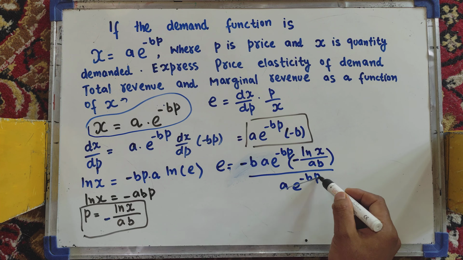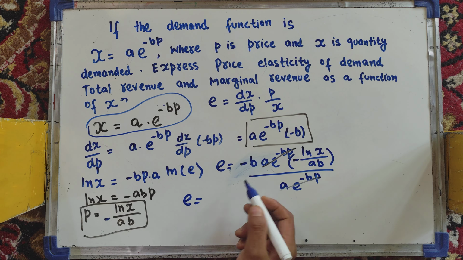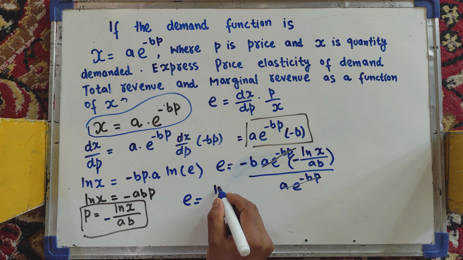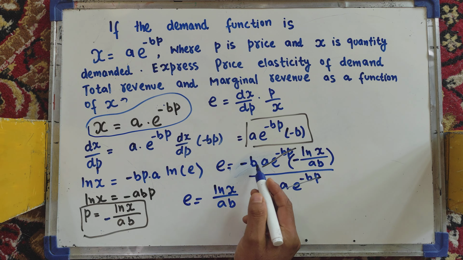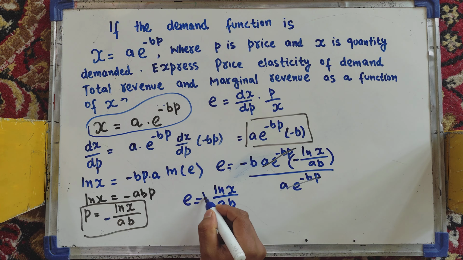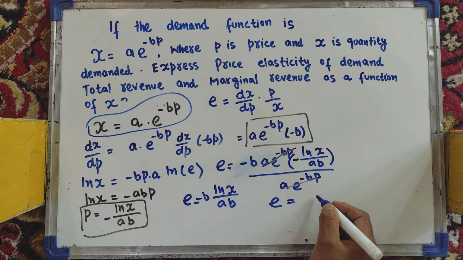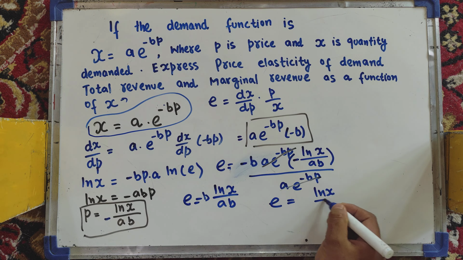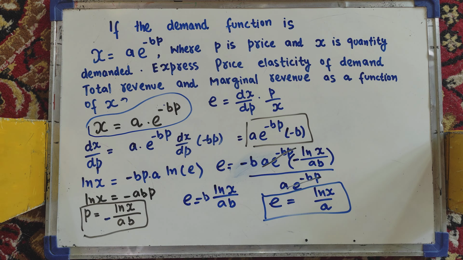So this term will get cancelled with this term, and we are left with elasticity of demand equal to, negative into negative is positive, ln of x upon ab times this b. So b and b get cancelled, so elasticity of demand will be equal to ln of x upon a. So this is our elasticity of demand in terms of quantity demanded here.